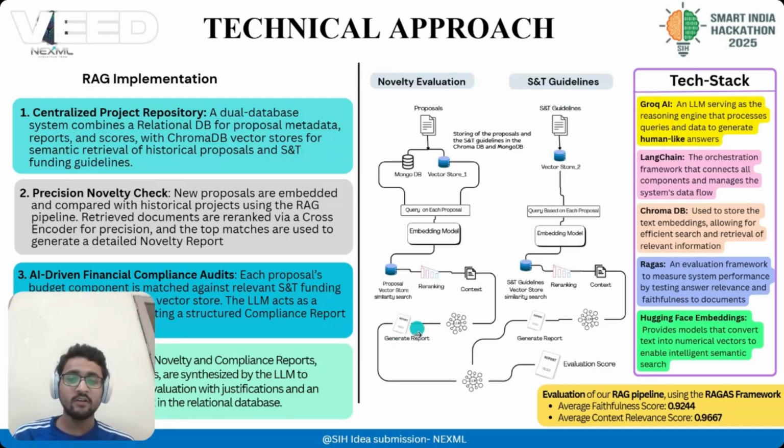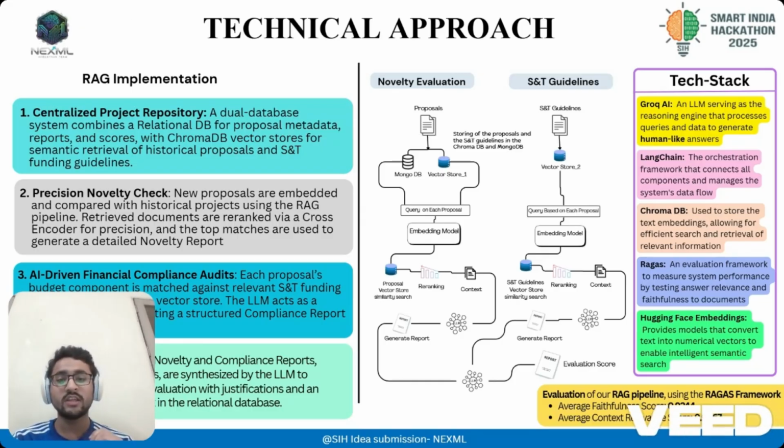So here we received reports from the LLM in the novelty assessment part and the S&T guideline part. Now what we will do is take these reports and concatenate them, and we will carefully craft a prompt for the LLM to perform evaluation of our proposal. So how we will do this is we will use chain of thought reasoning, and we will ask the LLM to first of all evaluate our proposal based on multiple aspects instead of just giving one arbitrary score.